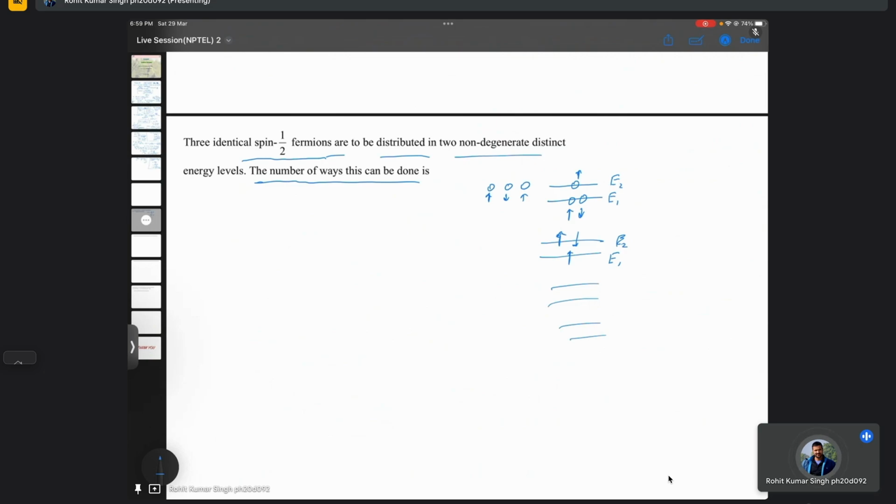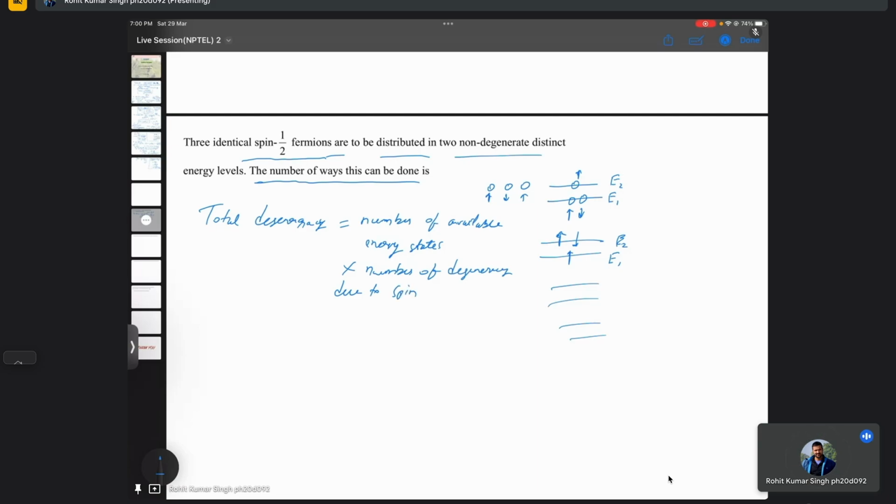So basically we have to calculate the total degeneracy. Total degeneracy is given by the number of available energy states times the degeneracy due to spin.